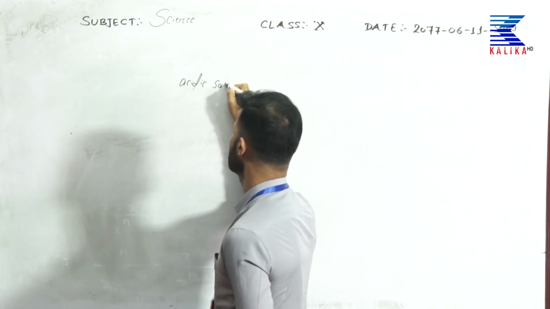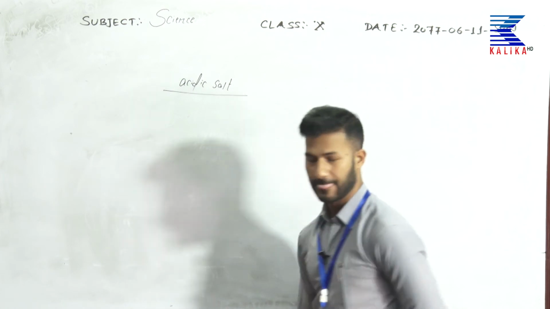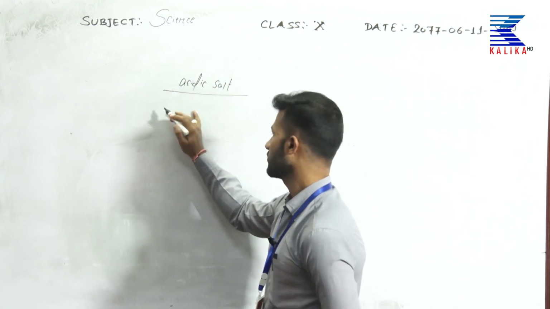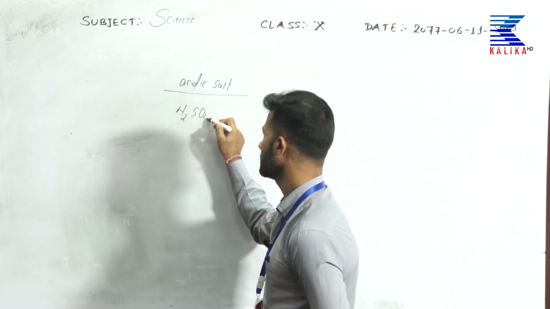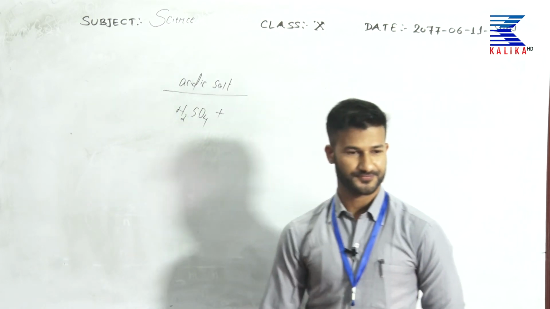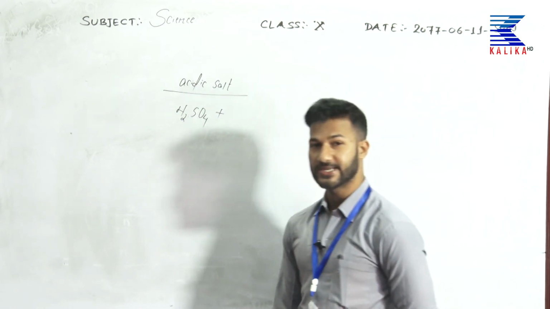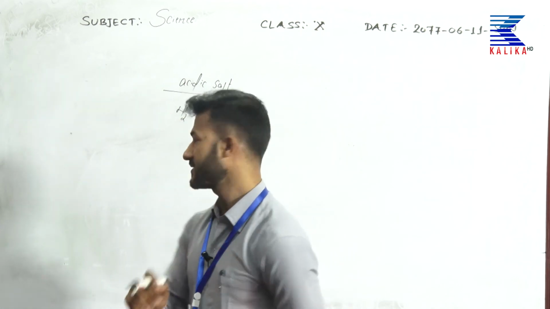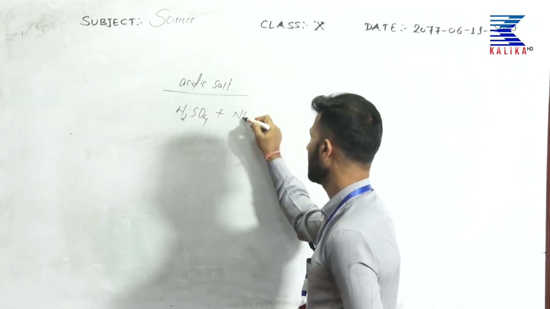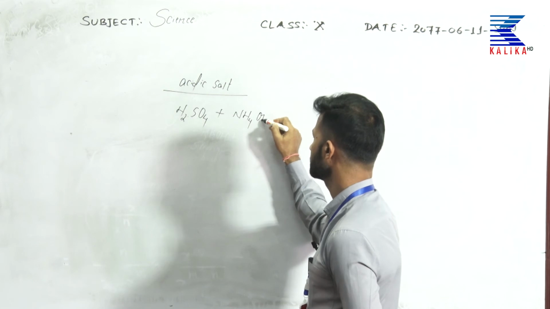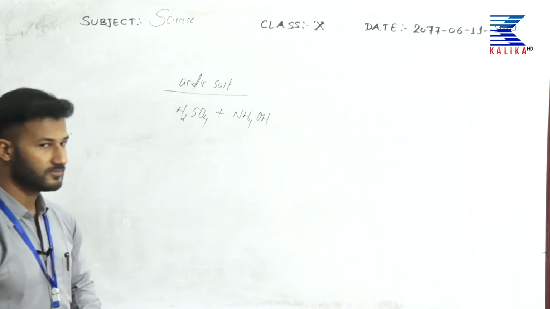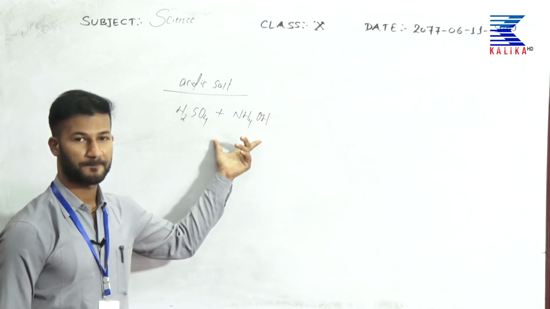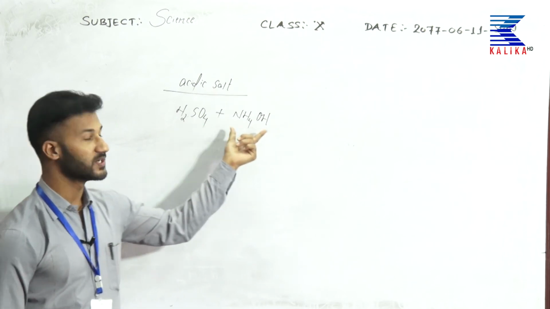Acidic salt. See, let me take one of the strong acids, H2SO4. This is a strong acid. When it is reacted with weak base, say NH4OH, look at this, a strong acid, weak base.